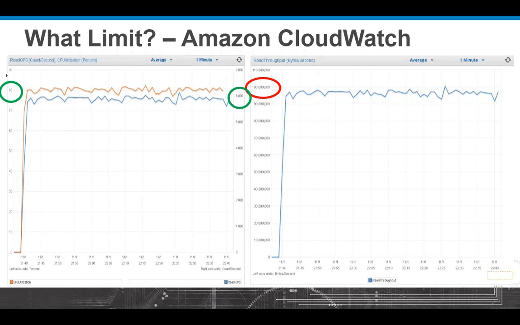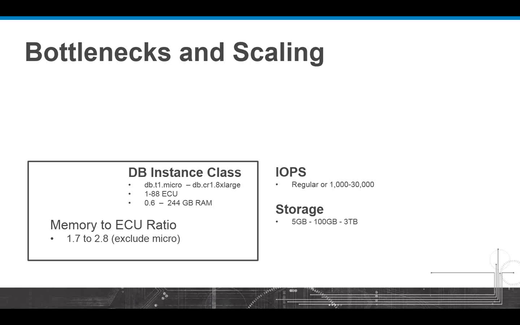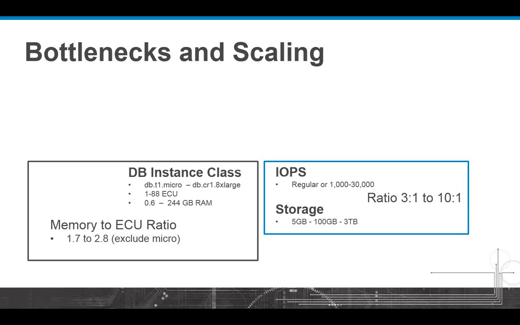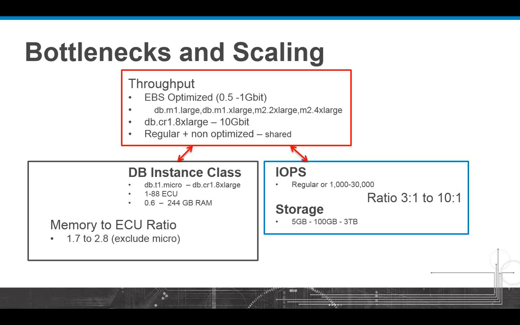Okay, so just summing up some of the discussions that we've had so far, you have multiple levers, or knobs, to control the performance of your RDS instances. You have your DB instance class, with a variety of database instances ranging from 1 gig of RAM to 244 gigs. You can vertically scale up to improve performance. Another knob that you have is IOPS. You can scale your IOPS up or down depending upon your requirements.